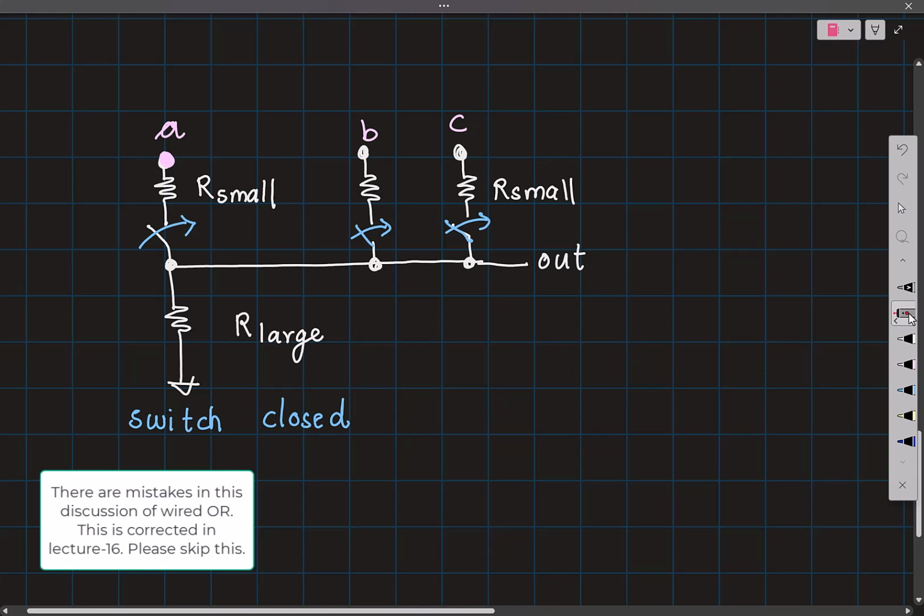Then I'm going to make this slightly complicated. Instead of one input, I have connected 3 inputs. Right? And we can go through the same logic again. If all of them are shorted, that is, all of these are connected like this, when A, B and C are 1, what is the output? A, B and C are 1, the output is 1. Let's say A is 1 and B and C are 0. Then what would be the output?